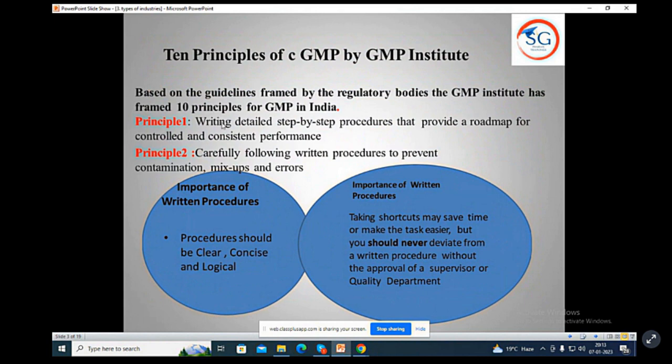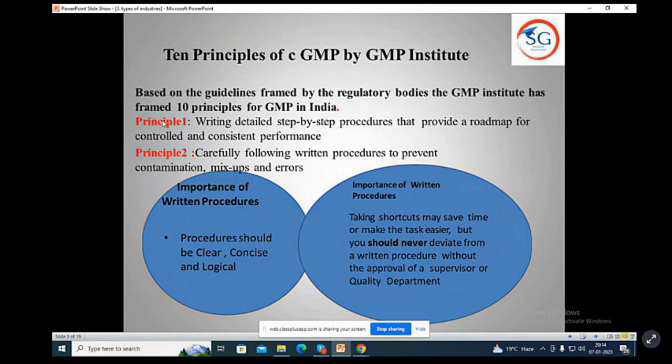The first principle is writing detailed step by step procedures that provide a roadmap for controlled and consistent performance. So what it is telling is that we should have proper standard operating procedures that are designed so that even a fresher entering an industry or the manufacturing area can understand from the SOP how to run the machine, how to operate, how to clean, how to walk, how to wear the proper gowning, how to wear the protective equipment, everything.